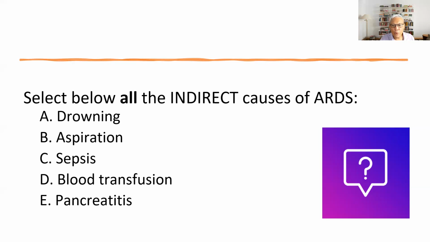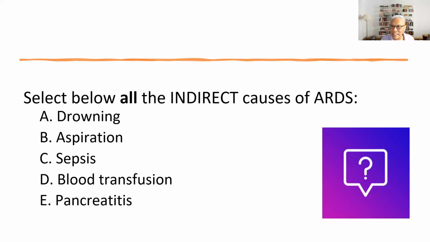So as a nurse, you know acute respiratory distress can be caused by direct or indirect lung injury. What are the indirect causes of ARDS? Okay, very good. So sepsis is one, blood transfusion is one, and pancreatitis is going to be the other one.